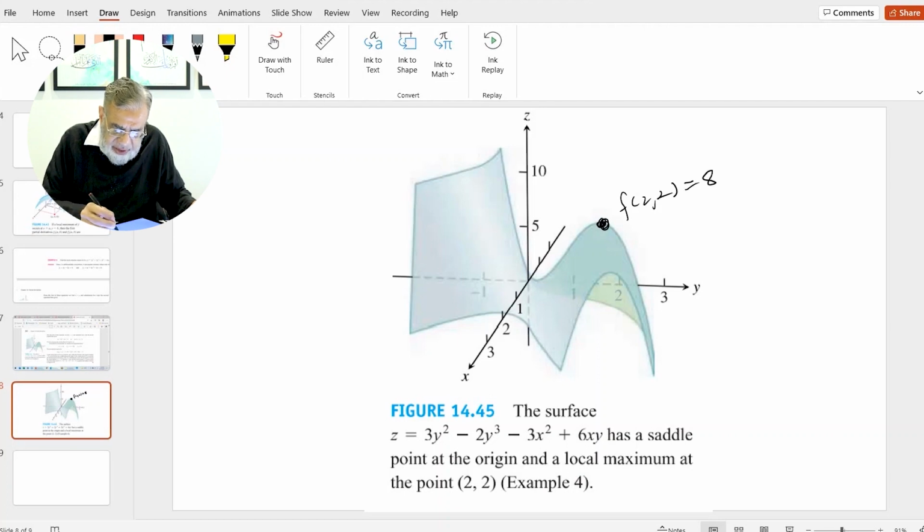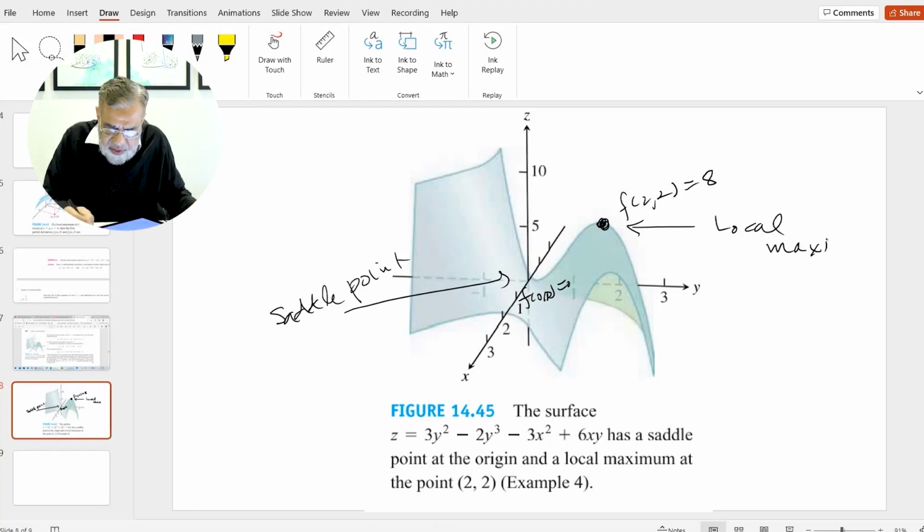Here is the saddle point f(0, 0), and the value of this one is equal to 0. This was my saddle point, and this point was our local maximum. You can see in the picture also, it's not very simple, but the idea is that this point is my saddle point and this point is the local maximum.